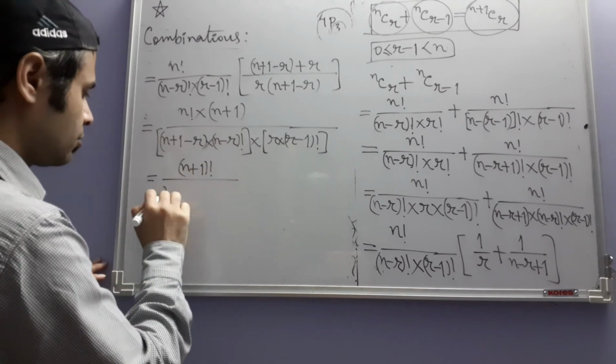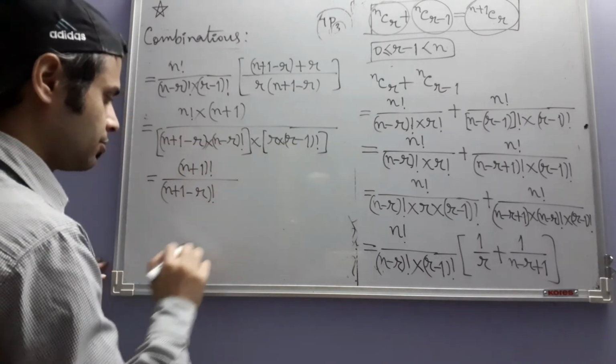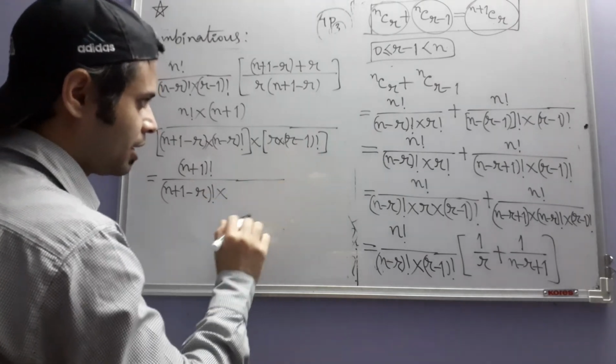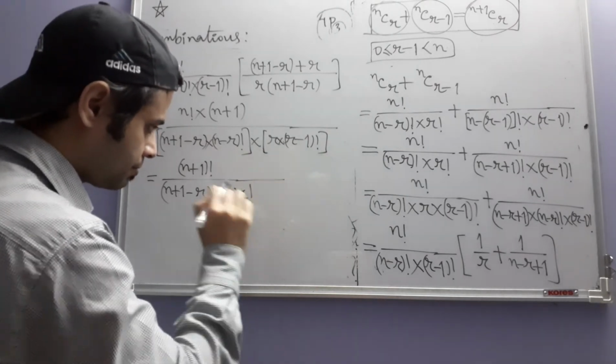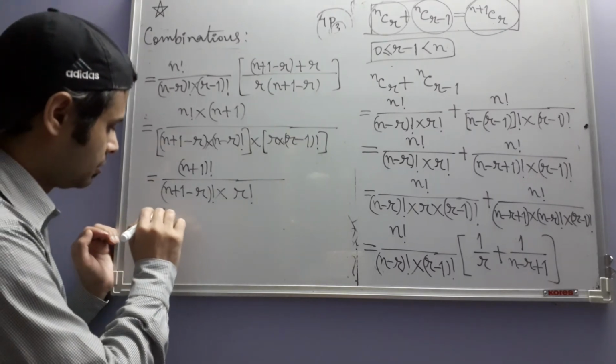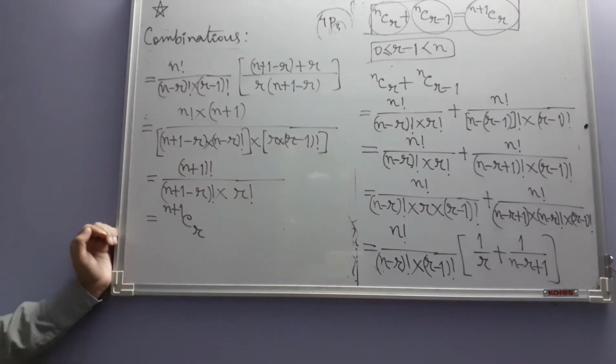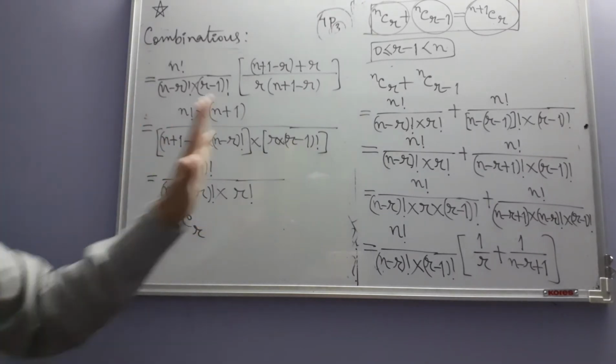Here I have (n plus 1 minus r) factorial multiplied by r factorial. And if you look at it, this is nothing but (n plus 1)Cr. So that's how we get this formula.